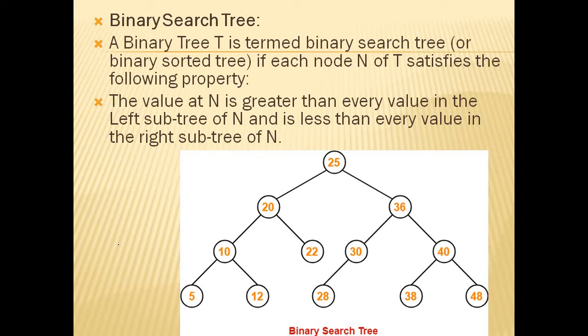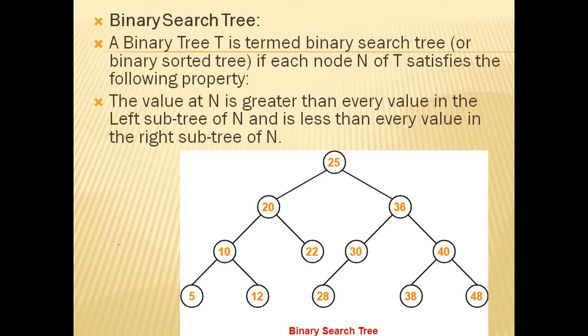First, we discuss the binary search tree. A binary tree T is termed a binary search tree, or else we call it a binary sorted tree, if each node n of T satisfies the following property. The value of n is greater than every value in the left subtree of n and is less than every value in the right subtree of n.